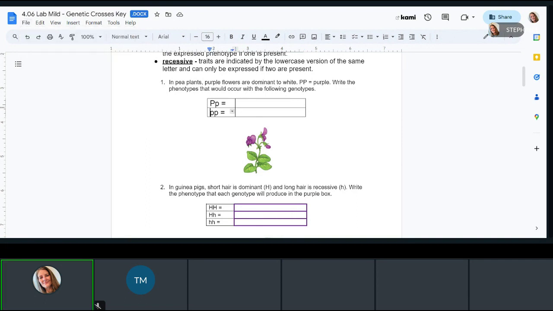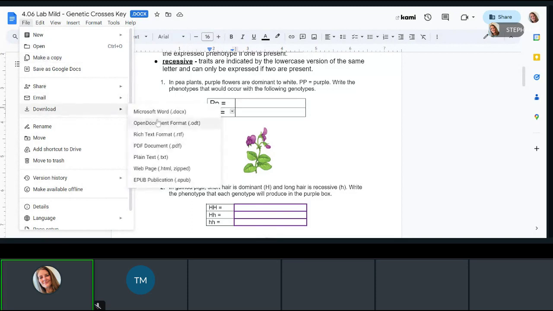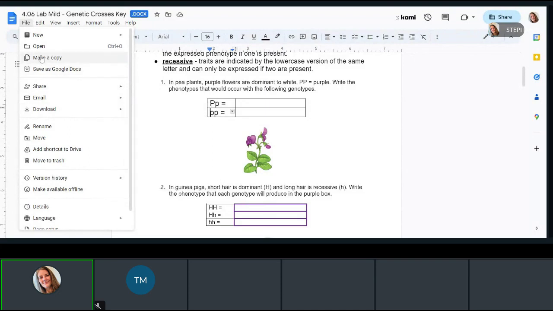So with the document open, go to File right here and say Make a Copy, or you can download it to Microsoft Word. If you like using Google Docs, do Make a Copy.